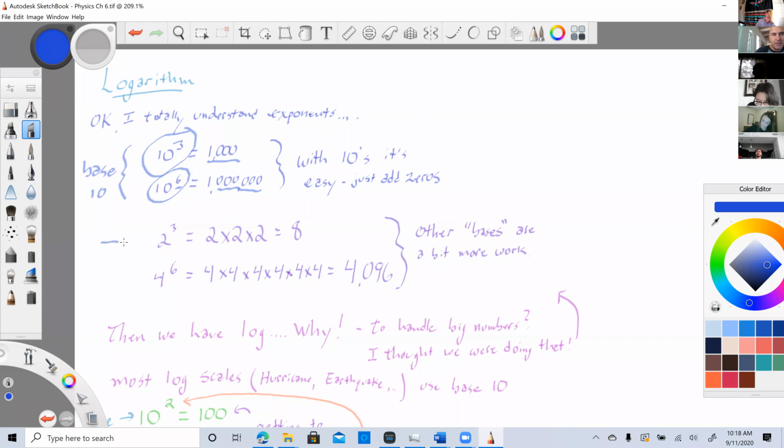But if you have a base of 2, things aren't as quick and easy. You can't just add zeros. So 2 to the third is 2 times 2 times 2, which is 8. 2 times 2 is 4, times 2 is 8, yes. 4 to the 6, well, this one I had to pull a calculator out. 4 times 4 times 4 times 4 times 4 times 4 is 4,096, which is a huge difference from 1,000,000, but that's because our base is 4.